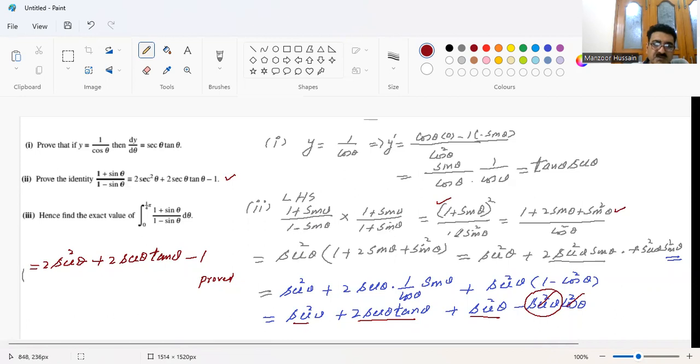It becomes 1 minus sine square, and 1 minus sine square can be changed into cosine square. Then take the cosine in the numerator, then multiply inside the bracket with every term.